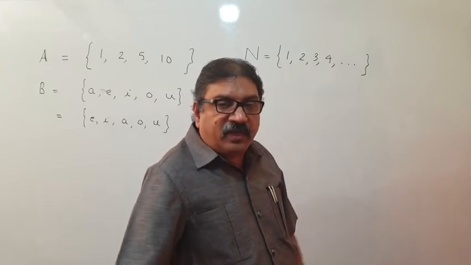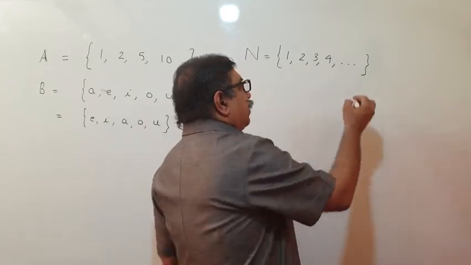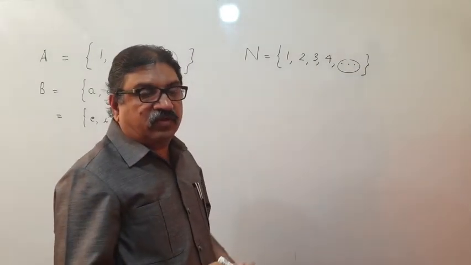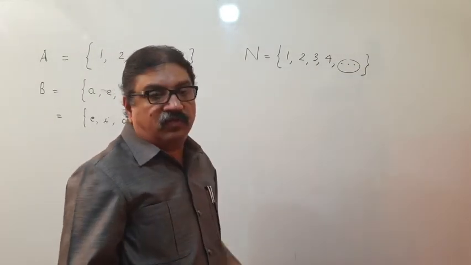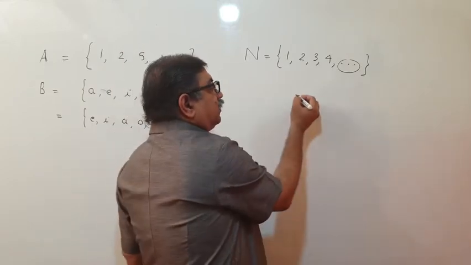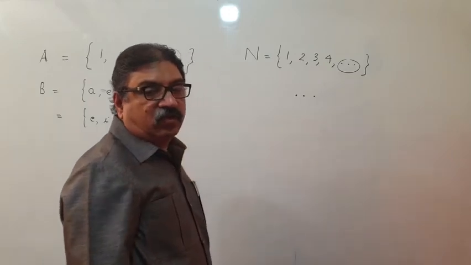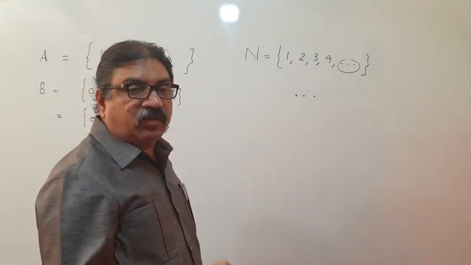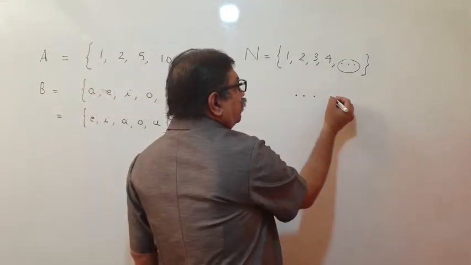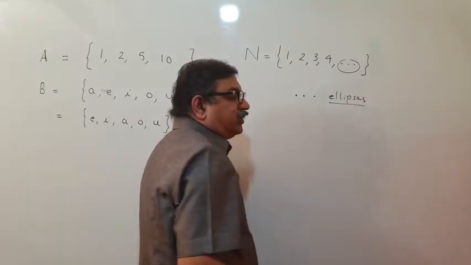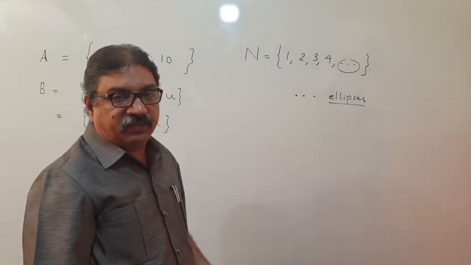Now please concentrate. These 3 dots are actually a punctuation mark, just like a question mark, exclamation mark, comma, full stop, and apostrophe. This is called ellipsis, which means omission or continuation.